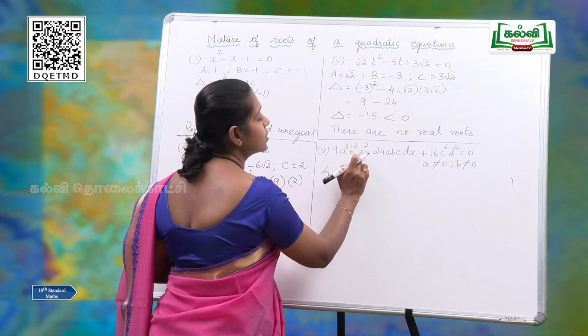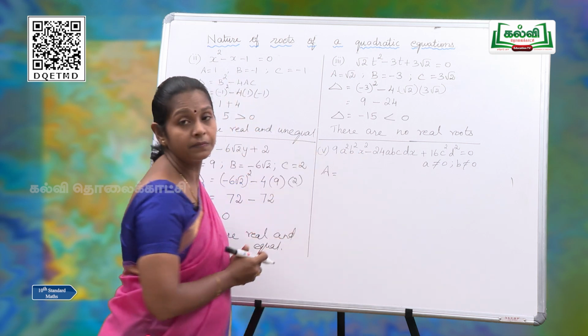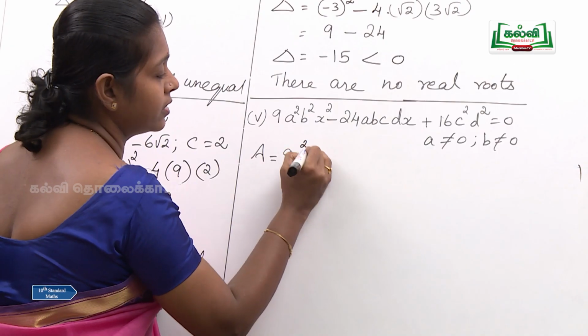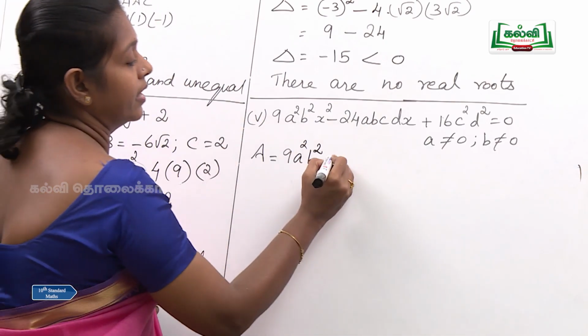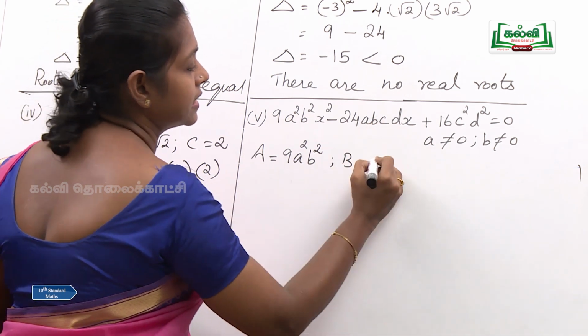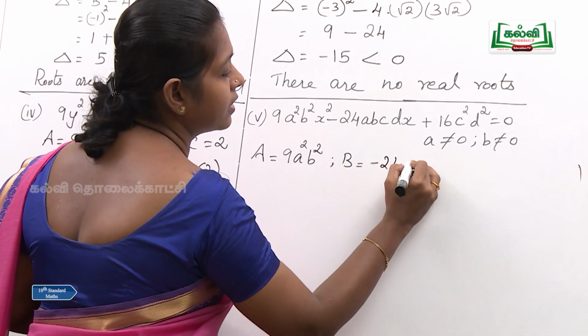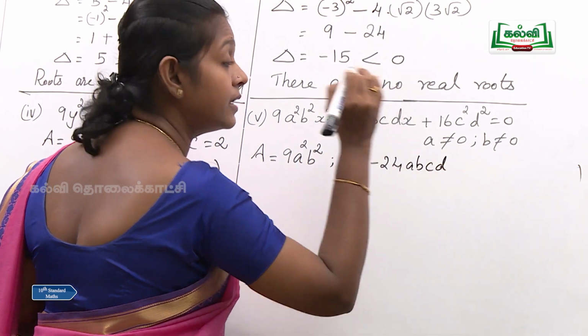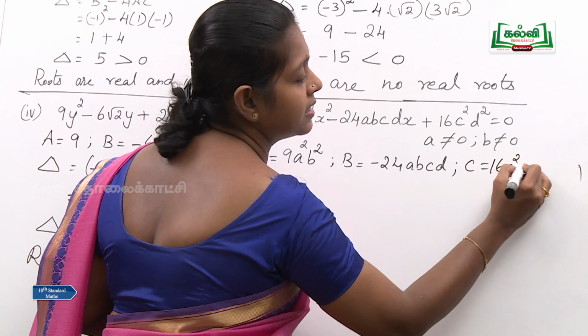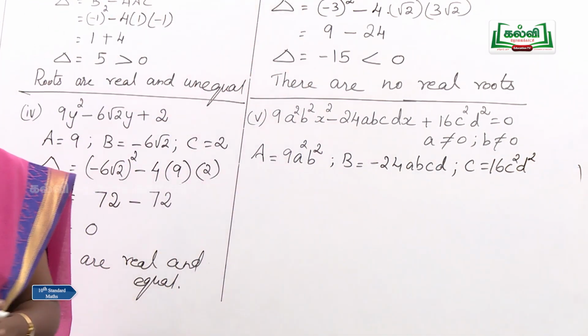Now listen, so what is the coefficient of x squared in this? Correct, 9 a squared b squared. Next, what is b? Coefficient of x, that means minus 24 a, b, c, d also, and c is nothing but 16 c squared d squared.